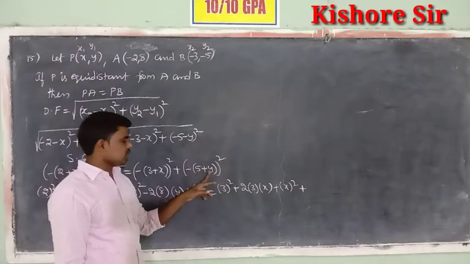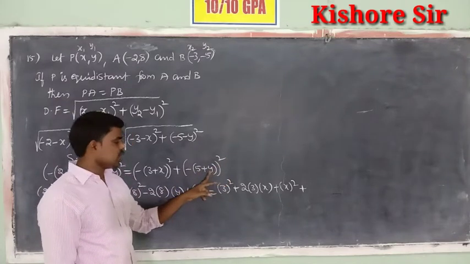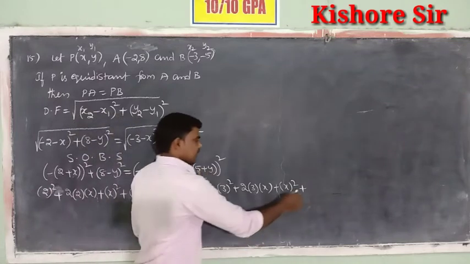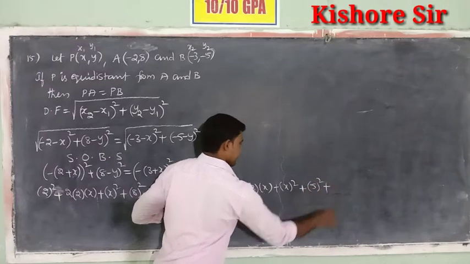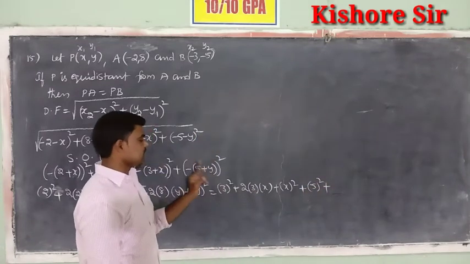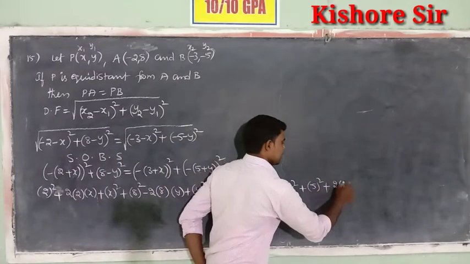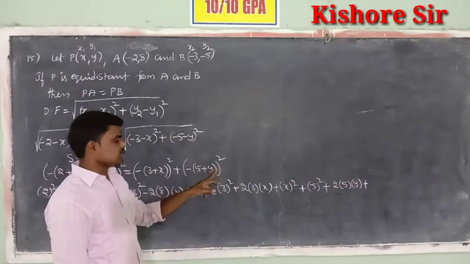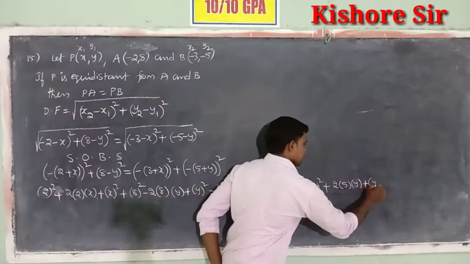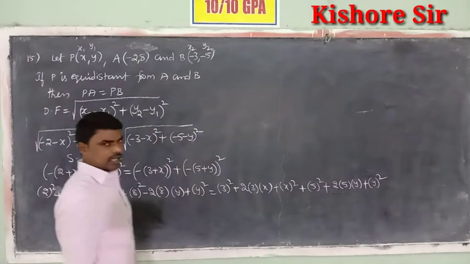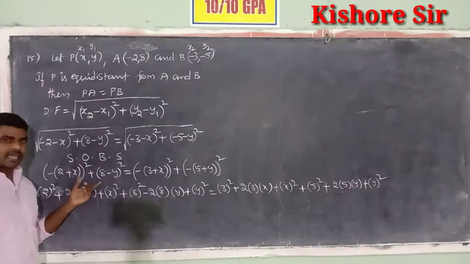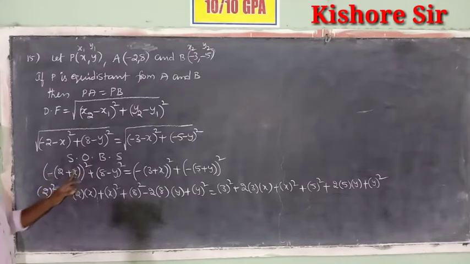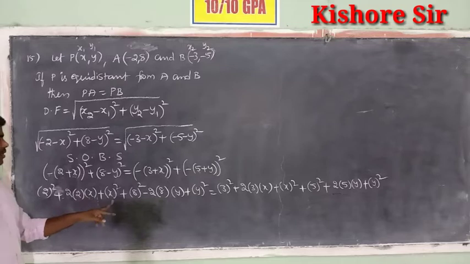So this is in the form of (a plus b) whole square. Here a means 5 and b means y. So 5 square plus 2 into 5 into y plus y square. Okay, see once again, minus whole square becomes plus, (a plus b) whole square, a square plus 2ab plus b square.